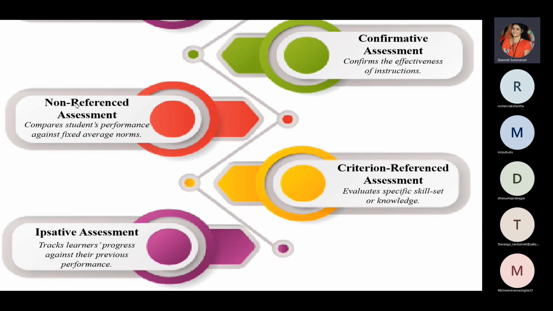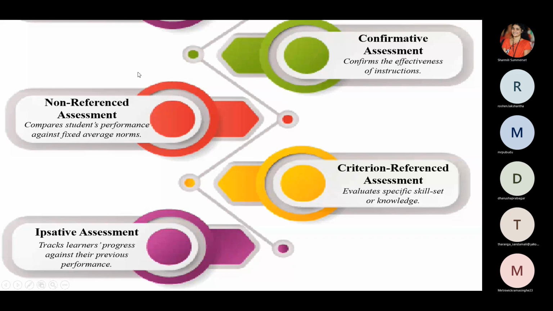In the educational setting, normally we have some average marks and we compare the student's marks. In school setups, we issue report cards, and in the report cards we indicate the highest marks and the student's marks, so we are comparing how it is.